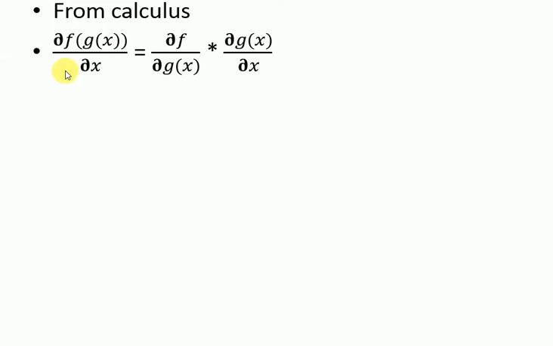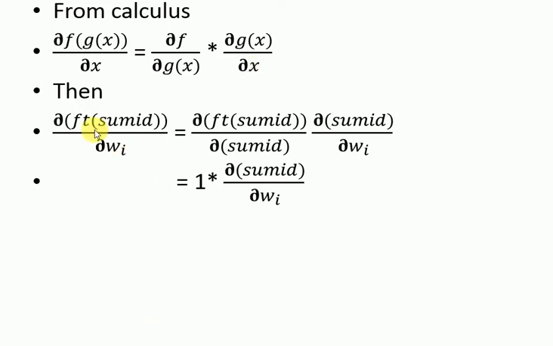From calculus, the differentiation of f of g of x over the differentiation of x can be represented by the differentiation of f over g of x into the differentiation of g of x over the differentiation of x. So this is replaced here, where for f of t of the sum of Id it is f of t of the sum of Id over the differentiation of the sum of Id into the differentiation of the sum of Id over the differentiation of wi.